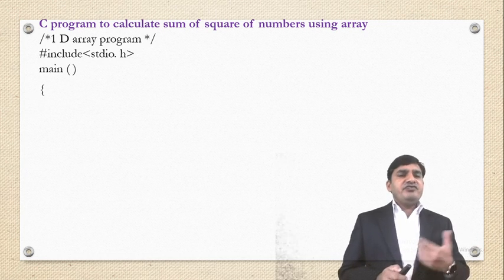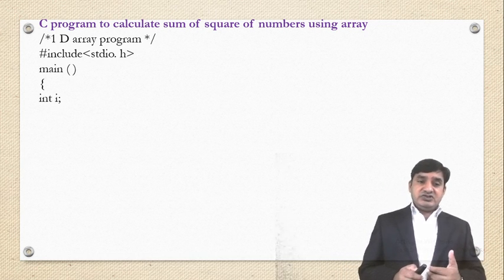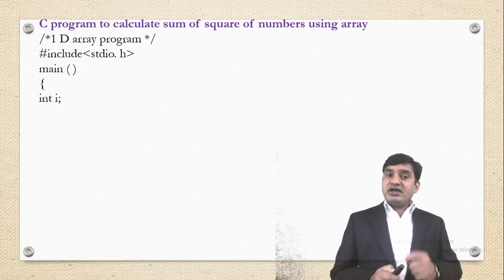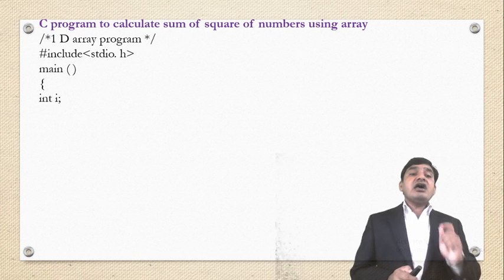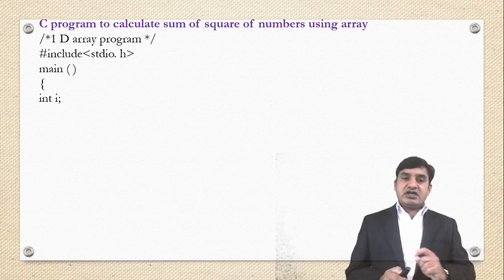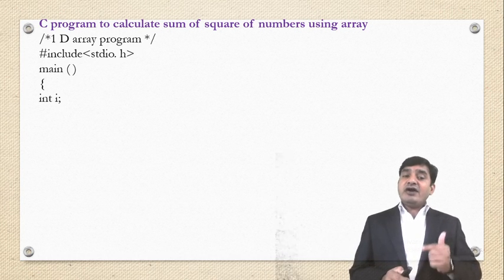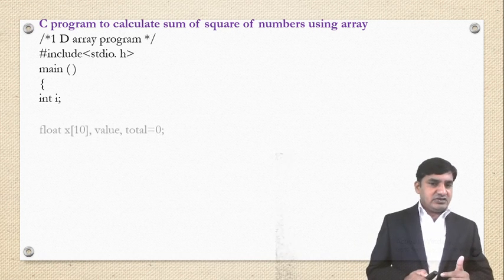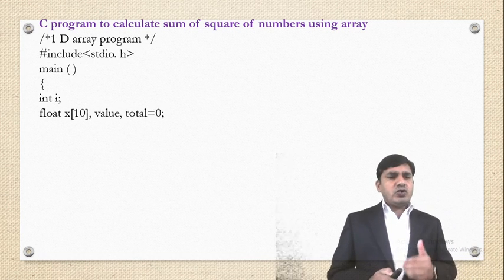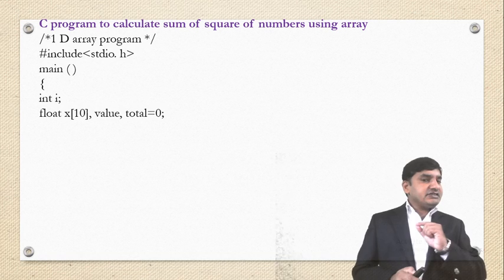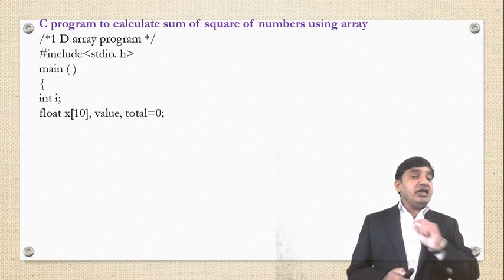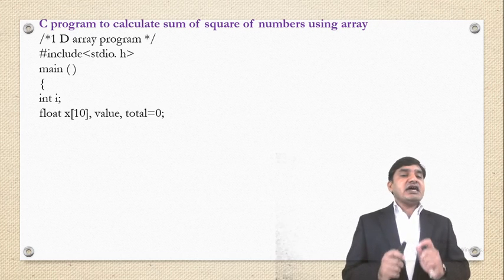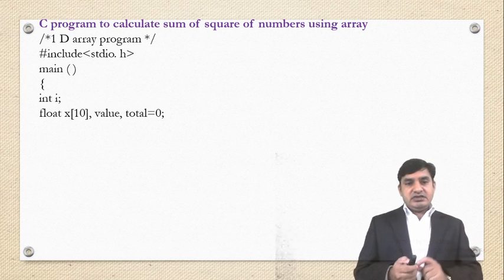Main function, then we use the open curly bracket. Then int i, an integer. So we have to initialize that integer. Next is float x. x is the name of an array. 10 is the size of the array.